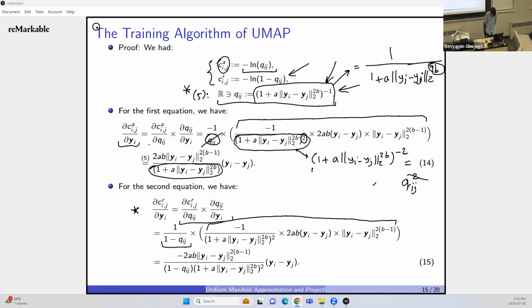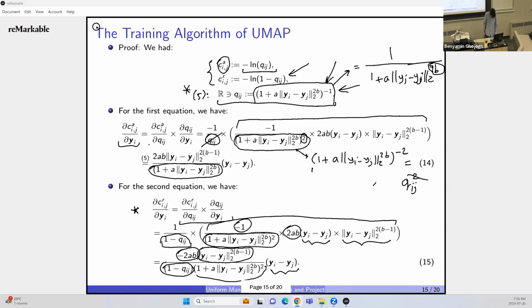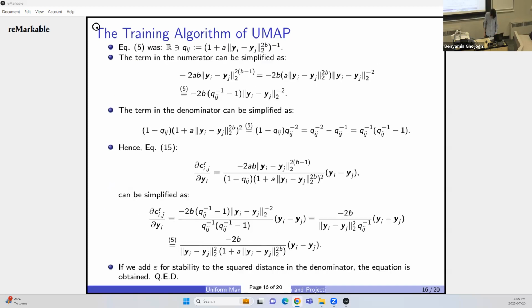And then what do we have? So here I have this term here. I have this term in the denominator here. I have this yi minus yj here. I have this term appeared here. I also have minus 1 to ab here, right? We just proved equation 13. Did we prove that?